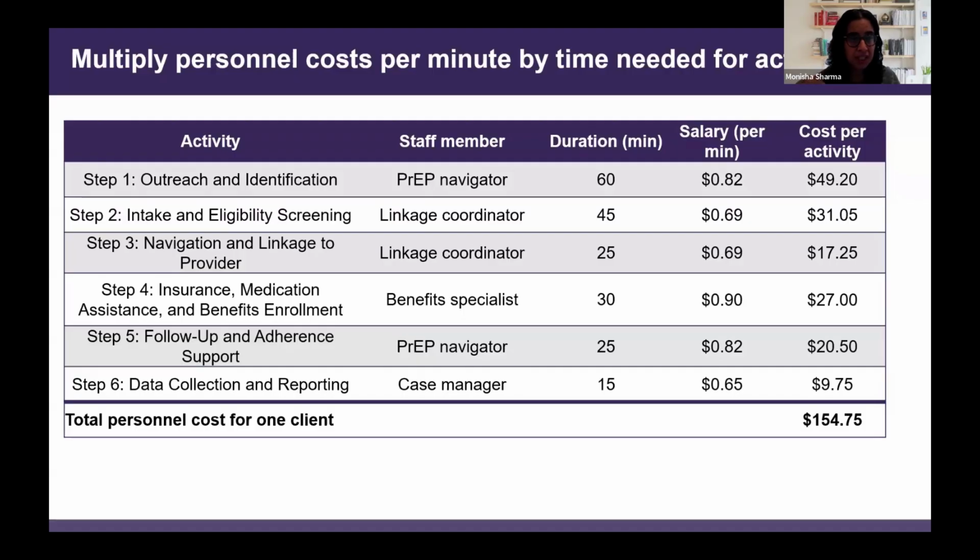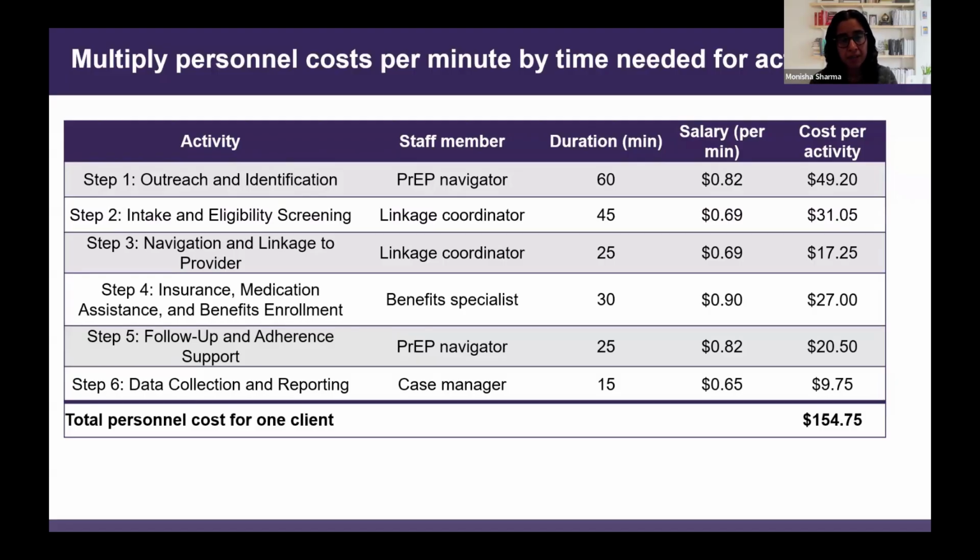So step 2, intake and eligibility screening, that's done by a linkage coordinator, and that takes 45 minutes, and their salary per minute is 69 cents. So the cost for that activity is the 69 cents times 45 minutes, so $31 an hour. And then navigation and linkage to provider. Step 4, insurance and medication assistance, benefits enrollment.